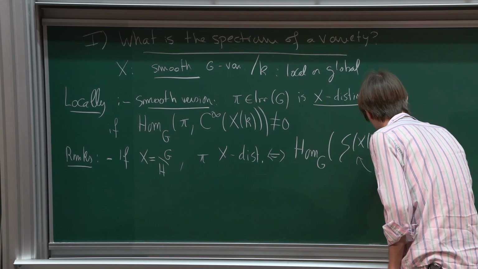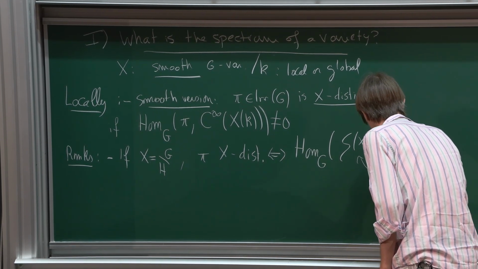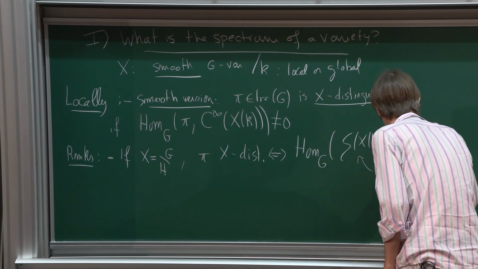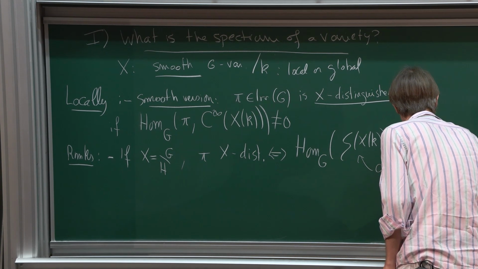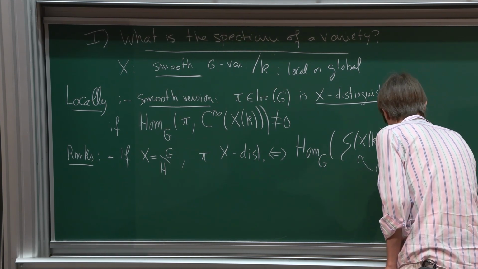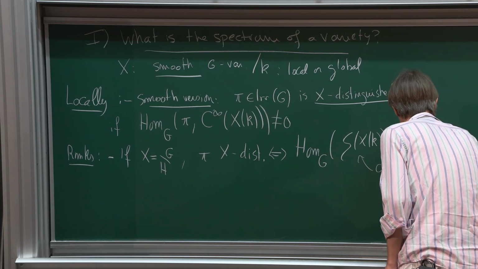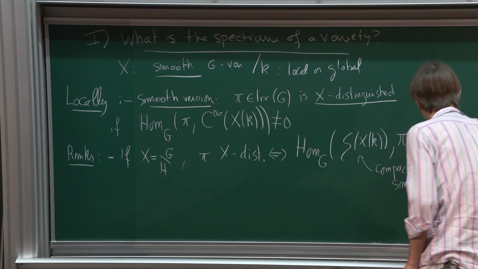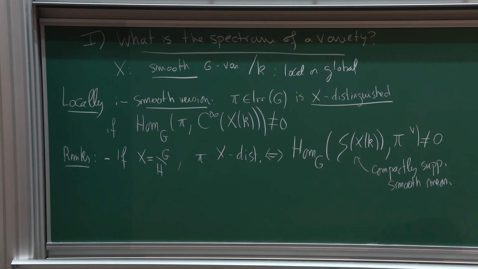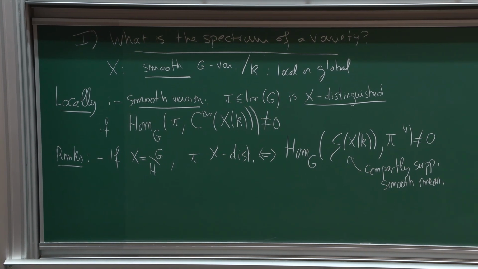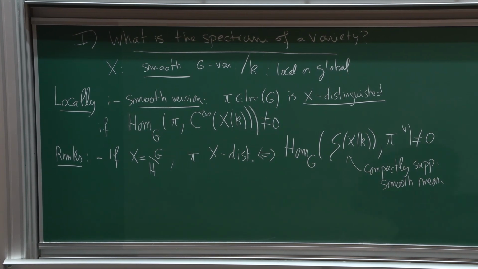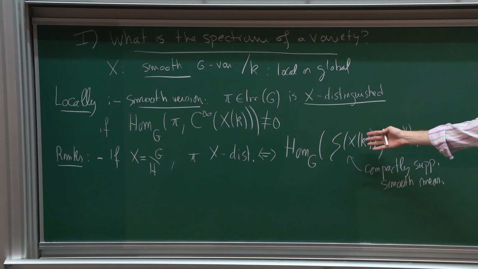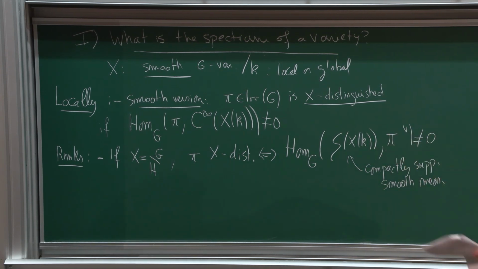This is the so-called Schwartz space of measures. But anyway, soon we will restrict ourselves for simplicity to the case where X of K is equipped with an invariant measure, so that we can identify this just with the usual space of test functions.